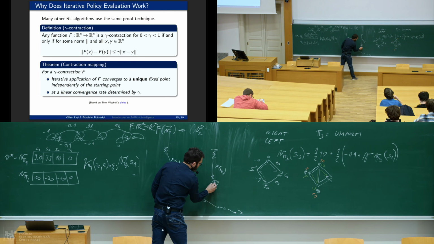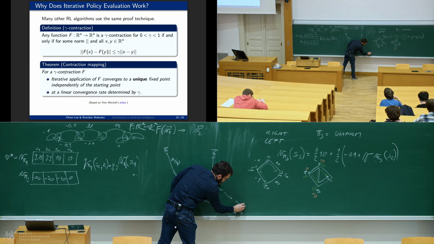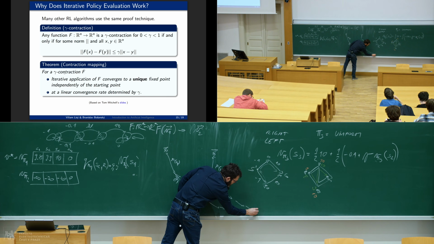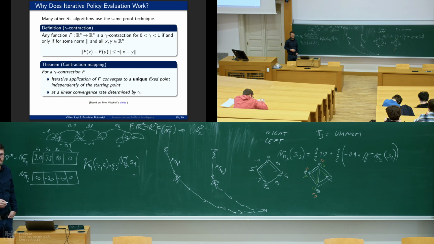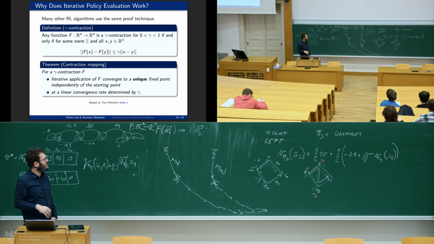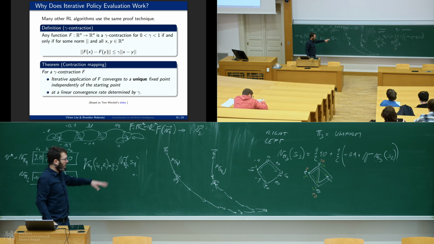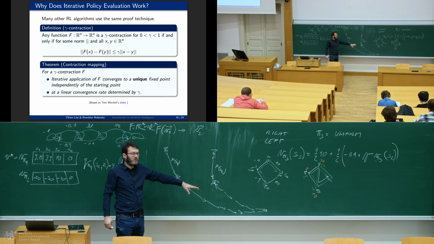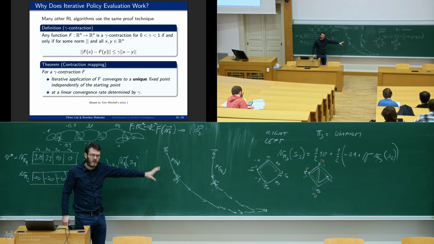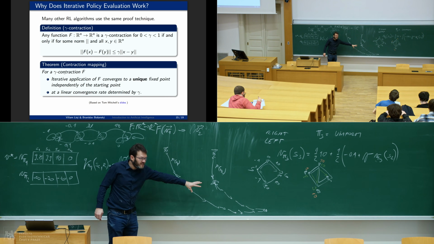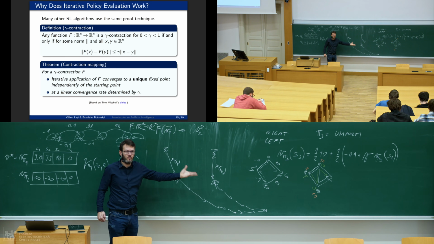And from any place, you will gradually converge to the unique fixed point of the contraction. I'll not prove this; you probably have seen it in some calculus, or you may see it in some calculus books. How to prove this is not that important, but it's important to understand that for reinforcement learning this is a super key thing, and very often you use this principle to prove that things work.